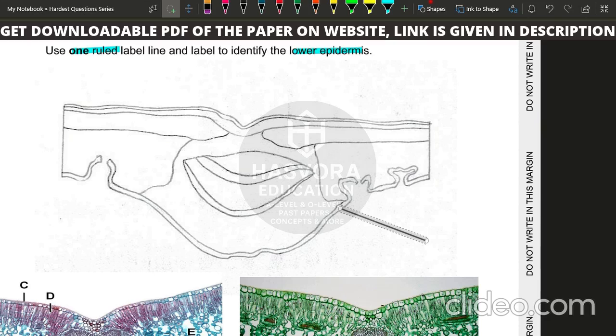Okay, in most of the cases you also have a cuticle on the upper epidermis, but in some cases you also have it on the lower epidermis. Okay, so this will be your lower epidermis.